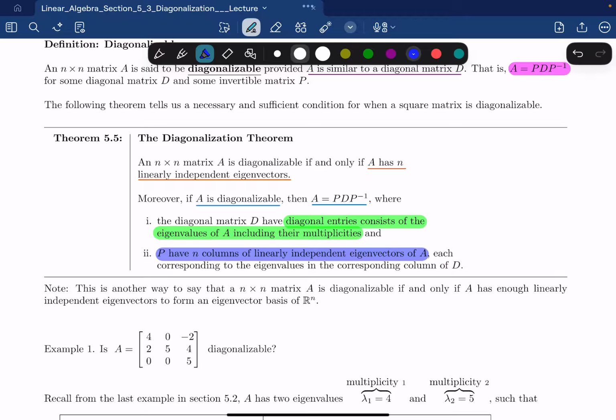By theorem 2.8. And then here's the kicker. Here's the main thing that you have to remember, and we'll see this in the details in the next example. Each eigenvector corresponds to the eigenvalue in the corresponding column of D.